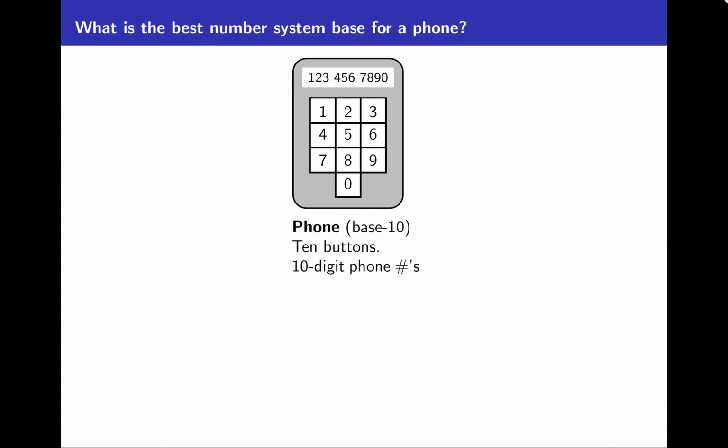Is there one base that's better than all other bases? To answer that question, think about the best number system base for a phone. Our phones are, of course, base 10. They have 10 buttons. Our phone numbers happen to be 10 digits long. So if you think about it, that gives us the capacity for 10 raised to the power of 10, or 10 billion different phone numbers.